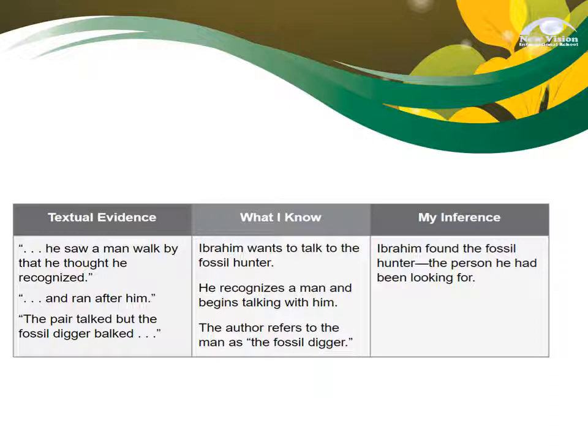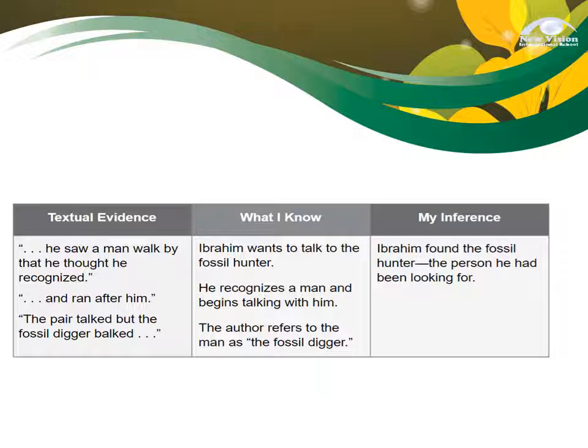So let's see this table. We have the textual evidence, what I know, meaning what is already implicitly detailed in the article, and the inference. The textual evidence: he saw a man walk by that he thought he recognized and ran after him. The pair talked, but the fossil digger balked. Now, what you know already that is stated in the article: Ibrahim wants to talk to the fossil hunter.